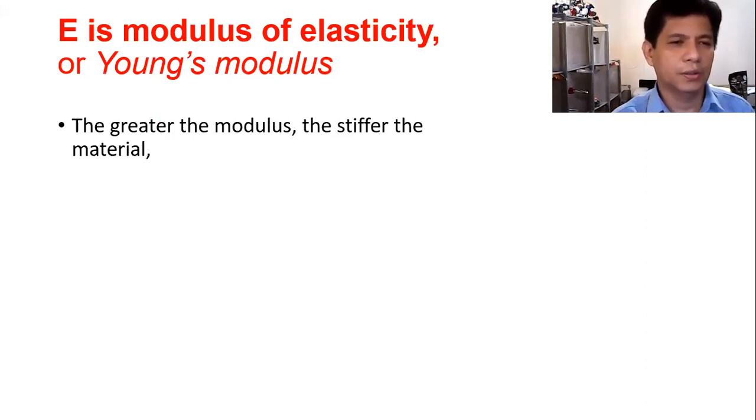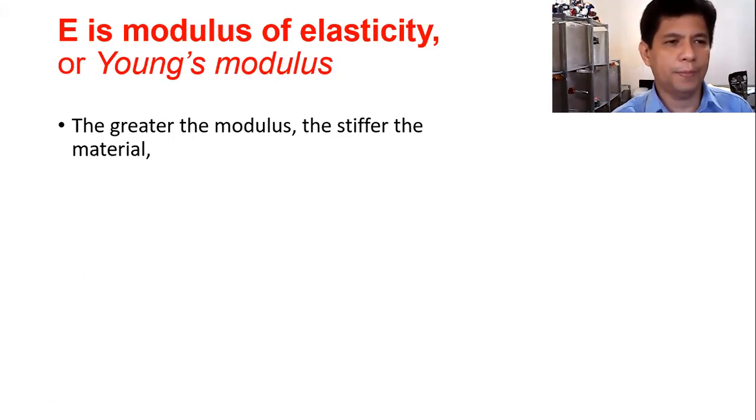Okay, so let's review some properties regarding modulus of elasticity or the constant that relate engineering strain and engineering stress. So the greater the modulus, the stiffer the material. Mas matigas siya, ano, kasi hindi siya na-stretch. Okay, the greater the modulus, the stiffer the material.